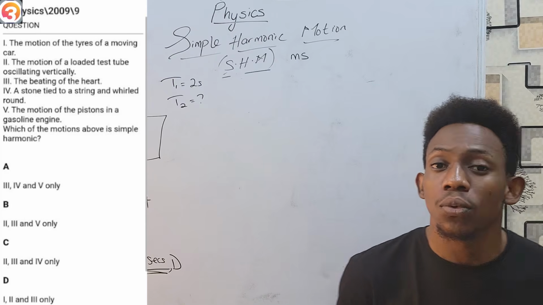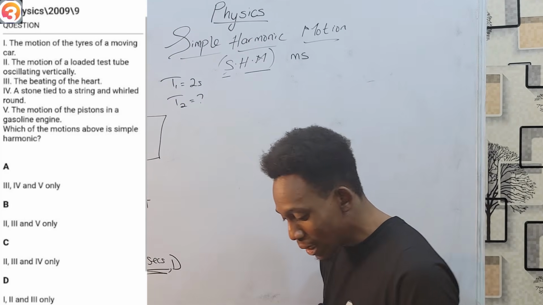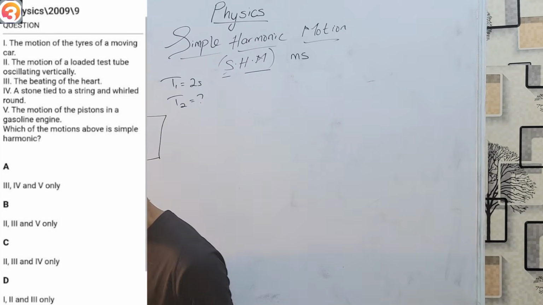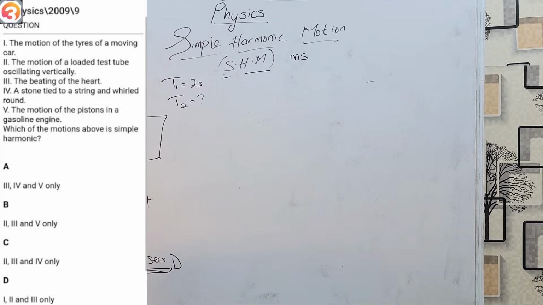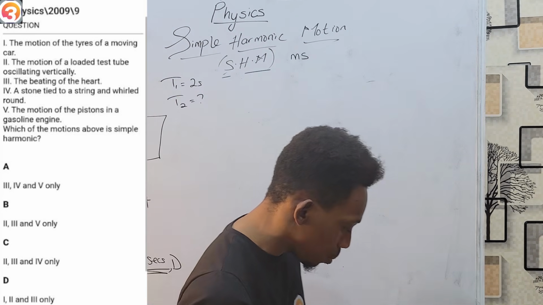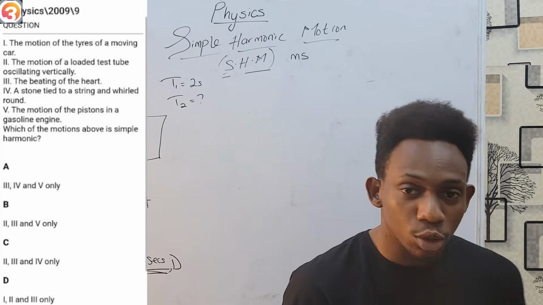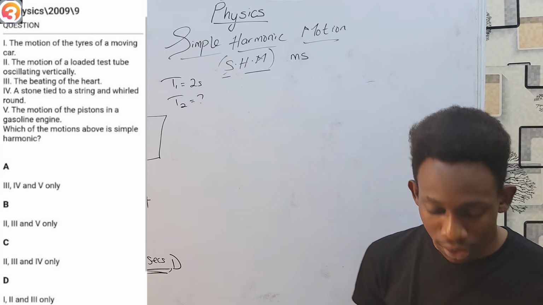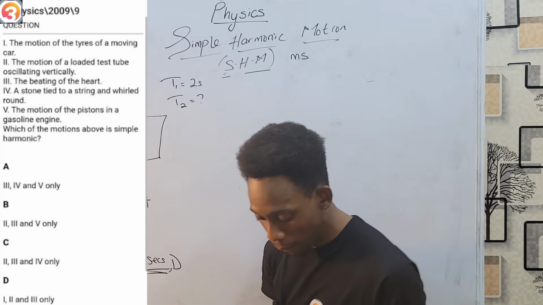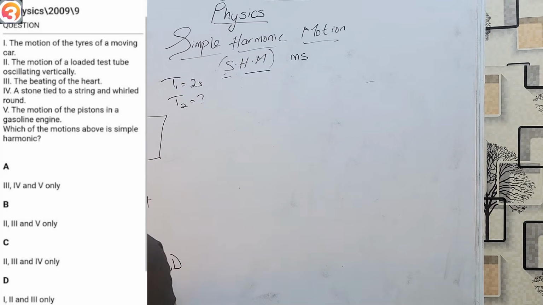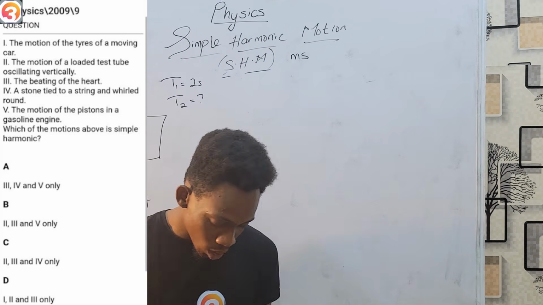So, first off, the motion of the tires of the moving car. That is rotational motion. Next up, the motion of the loaded test tube oscillating vertically. That's vibratory motion. Then beating of the heart. Yes, simple harmonic.